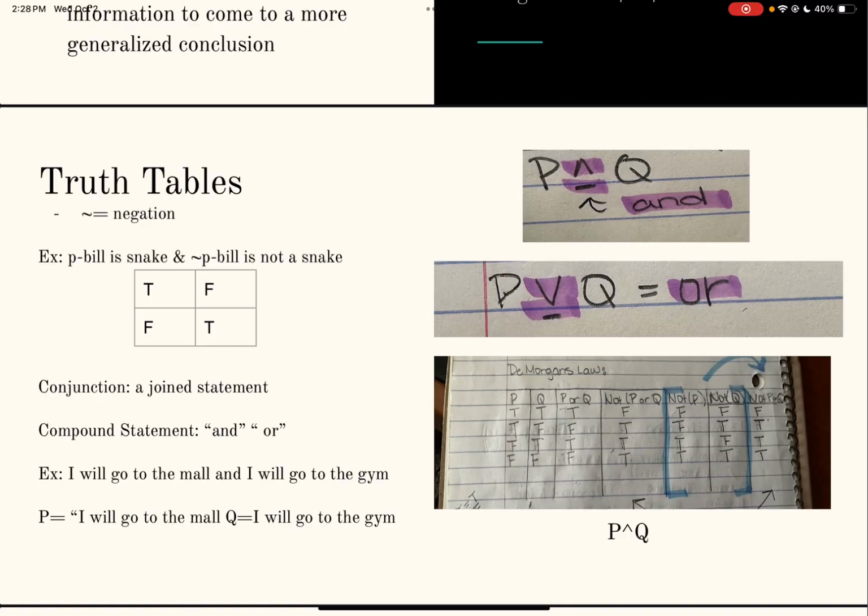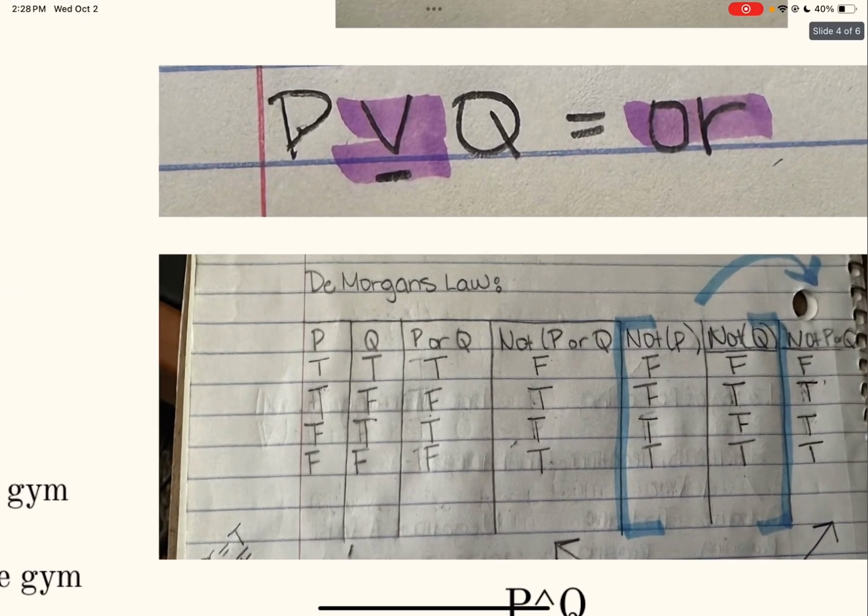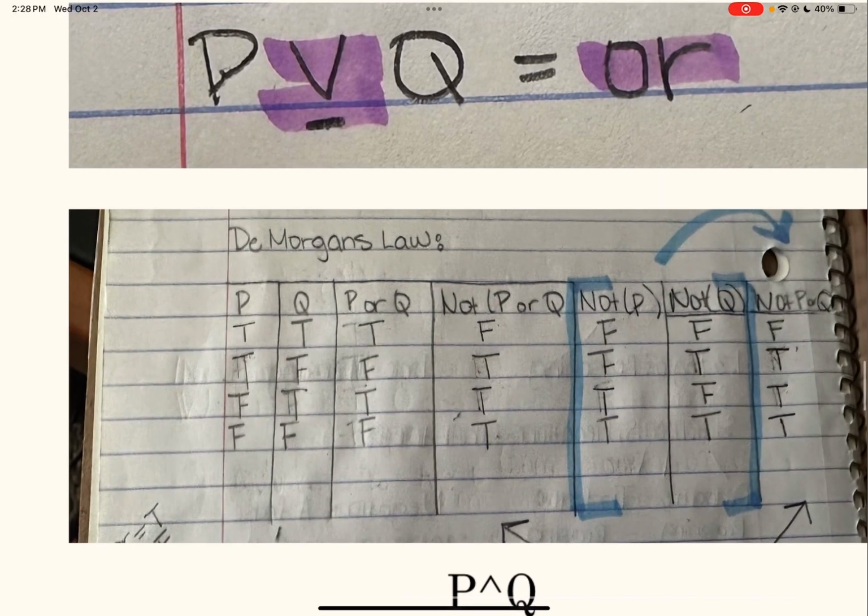For more into truth tables, I have my table right here written out with De Morgan's Law.